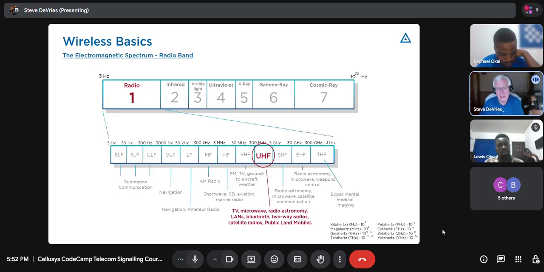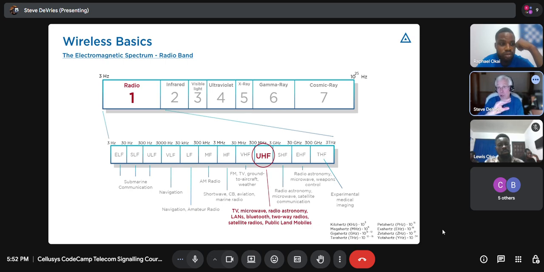Beyond that, these don't get real desirable. Now, there is some interest in this extra high frequency today for 5G. If you have extra high frequency, you can get very, very high speeds. I mean, you can download a video very rapidly.